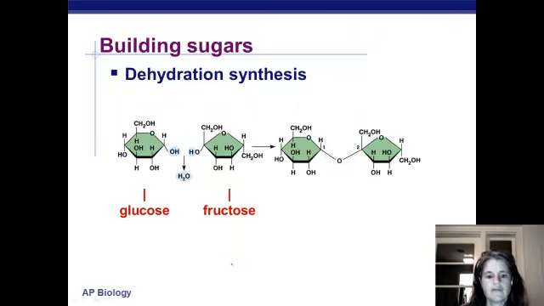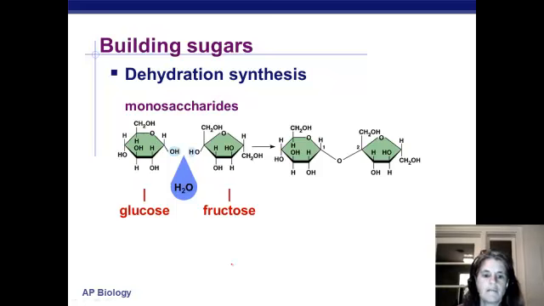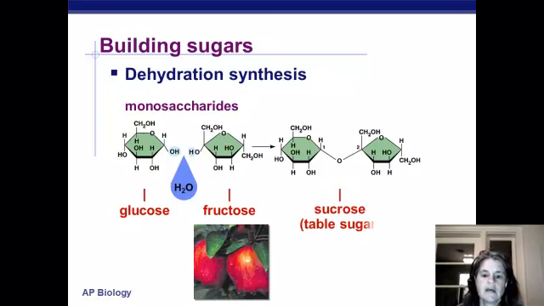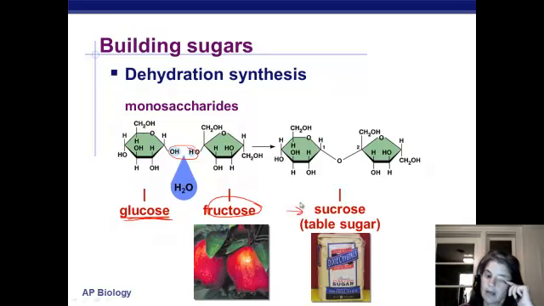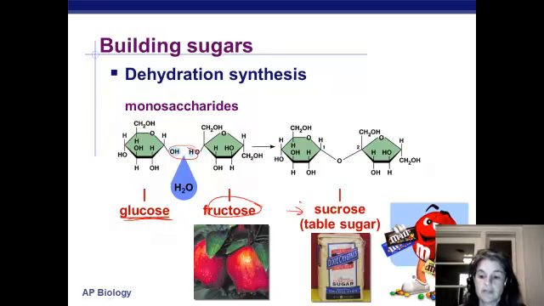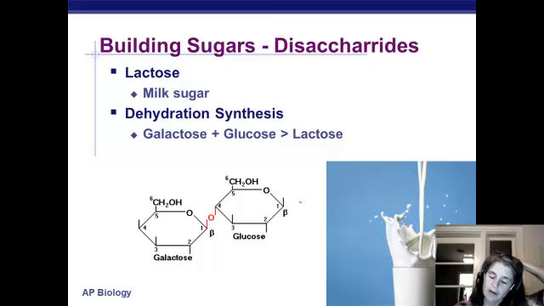Now if you take glucose and fructose together, if you're going to build a different disaccharide from maltose, what you're going to build instead is table sugar. So this is taking glucose, that standard sugar that is readily used by all living things in cell respiration, and doing a dehydration synthesis with fructose, and that is going to give you common table sugar, that you sprinkle on your cereal, is in your candy, whatever.